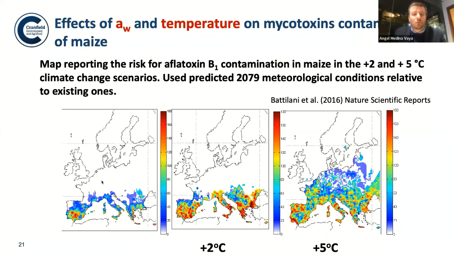And what you can see here is that in scenarios going to year 2079, they model the +2 degrees and +5 degrees scenario. With +2, we can see the increase in red spots in the map.